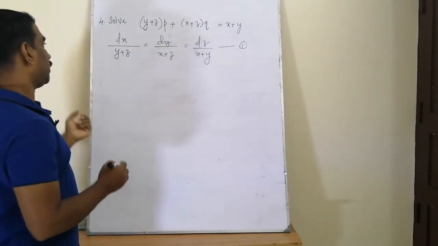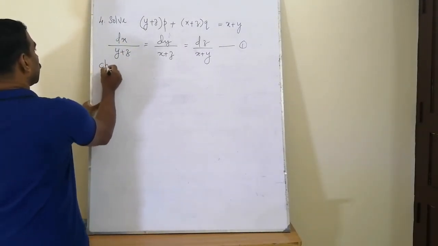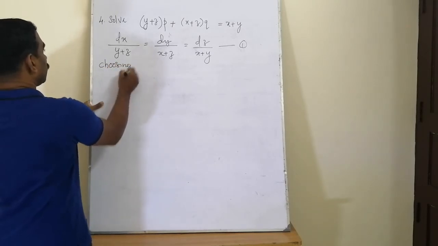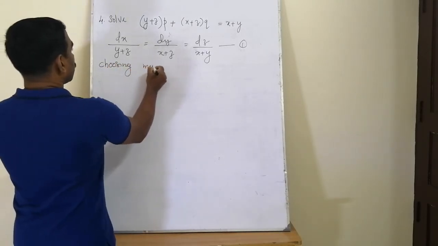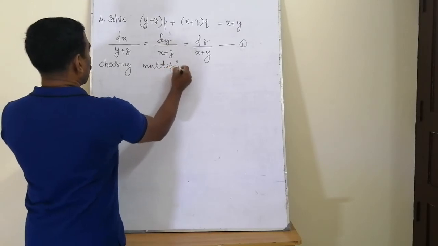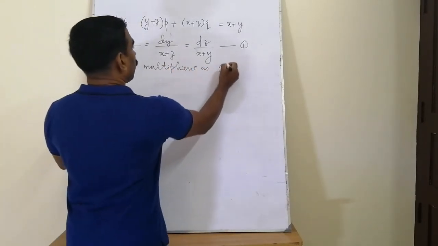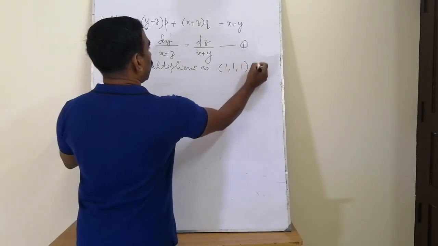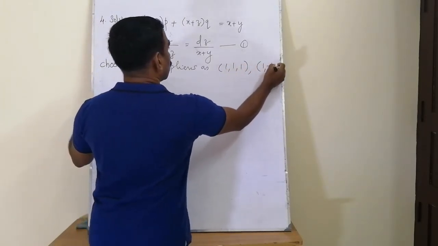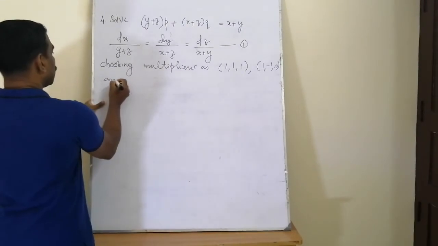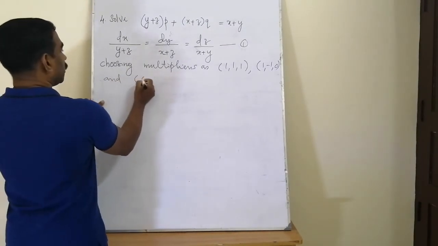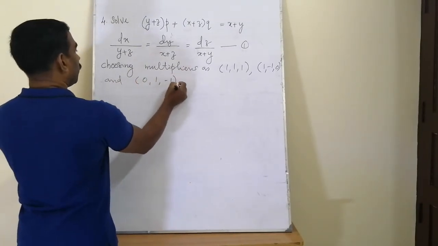For solving this problem, we are going to construct three ratios using three sets of proper multipliers. Suppose we are choosing the multipliers as one set 1, 1, 1, another set 1, minus 1, 0, and the third set of multipliers 0, 1, minus 1.